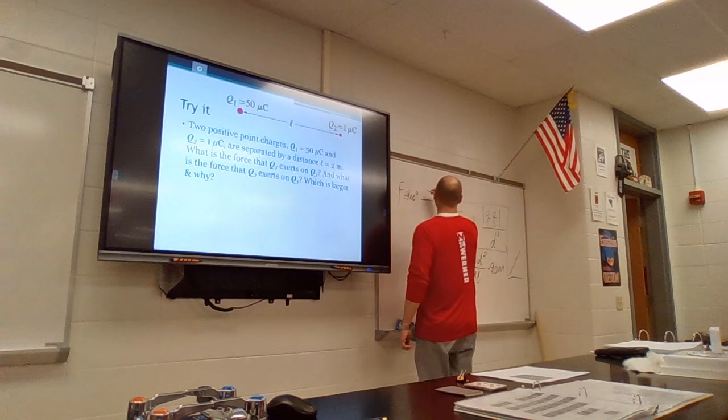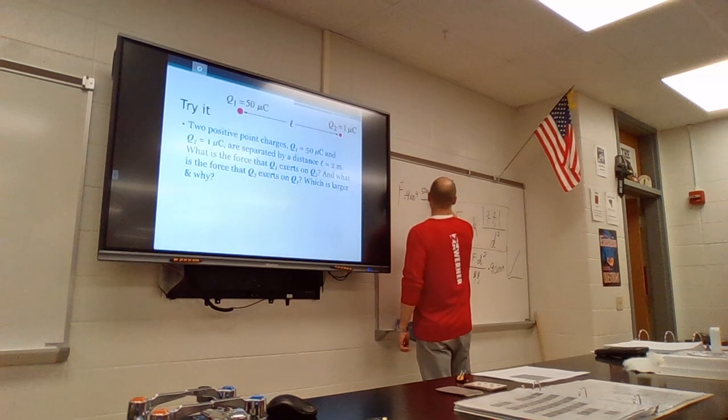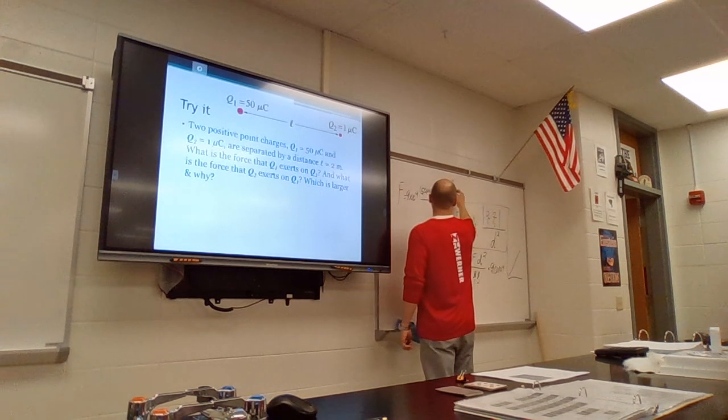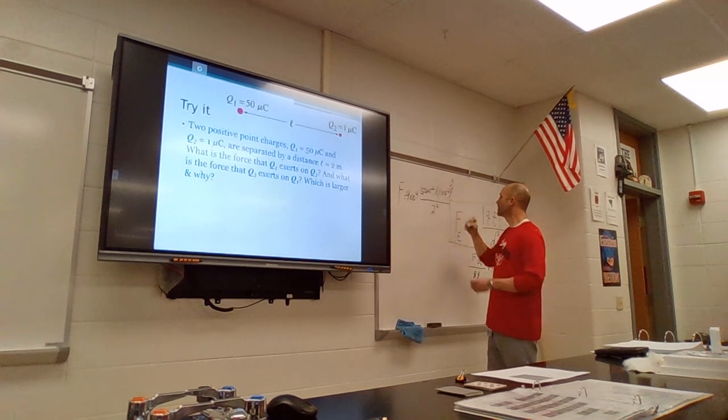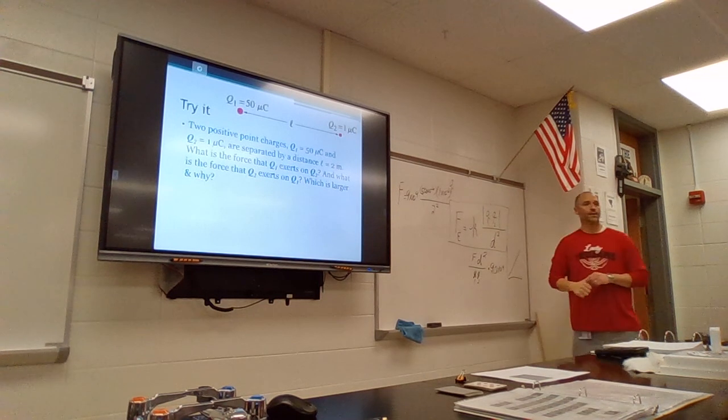My numerator, I have 50 times 10 to the negative 6. So 50 microcoulombs. 1 times 10 to the negative 6 is 1 microcoulomb. All divided by 2 meters squared, the bottom.